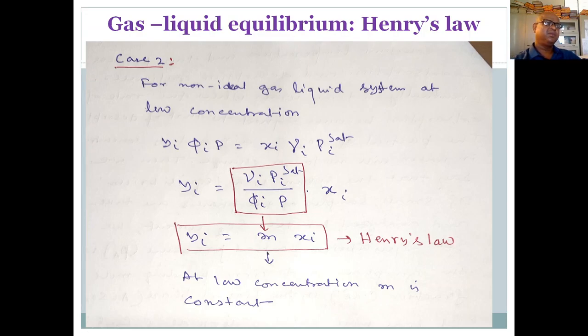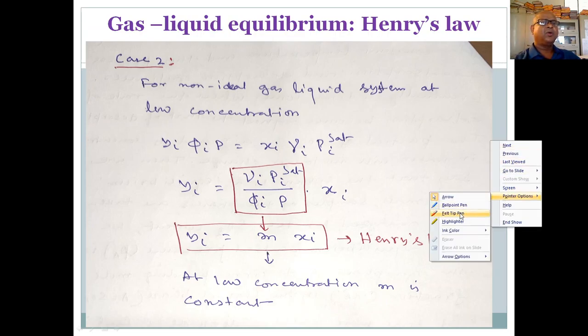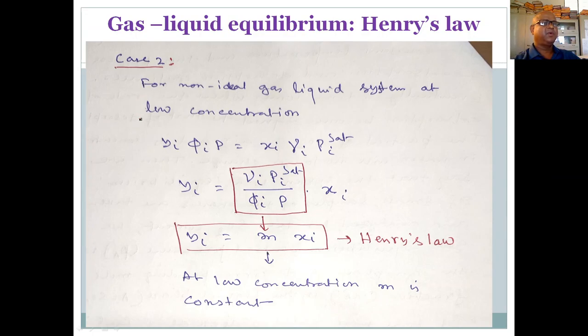Generally the gas can be treated as ideal if pressure is low, but the liquid is not like this. If pressure is low or high, it does not matter, because a liquid system will be ideal only when the interaction of like molecules equals the interaction of unlike molecules, which is not generally possible. That's why we say non-ideal gas-liquid system at low concentration, which is very important. If concentration is low, then this part is almost constant, and this is called our Henry constant, and this is Henry's law.